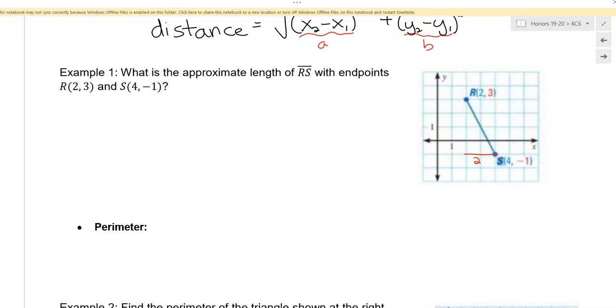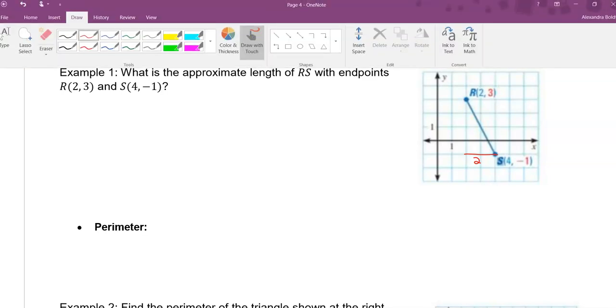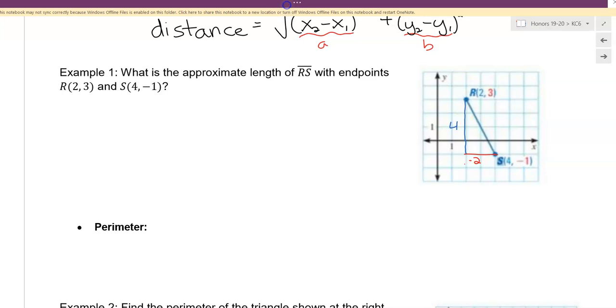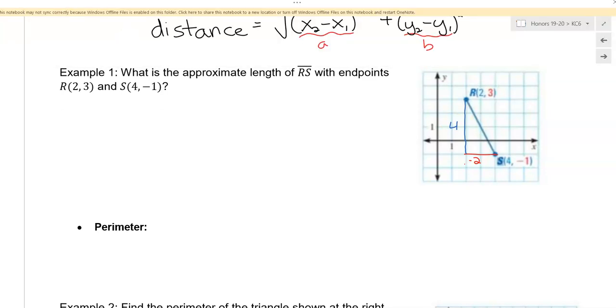You don't have to worry about positives or negatives when you're talking about distance, but you could say it's -2. You see why it doesn't really matter. My y distance, how far it goes up or down, is 1, 2, 3, 4. Look, this line has turned into a right triangle, and I can find my c.